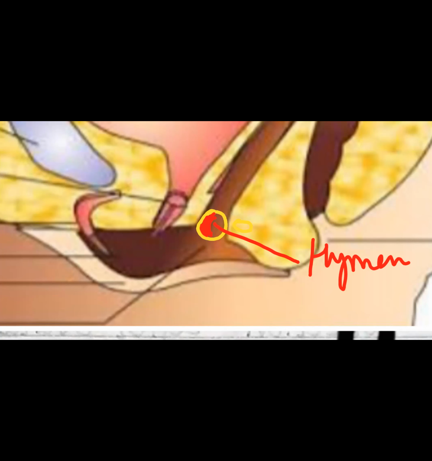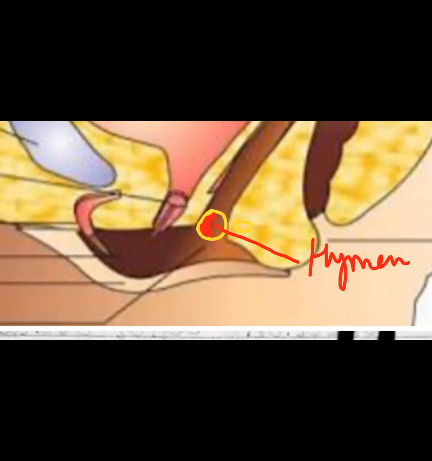Certain sports activity, particularly cycling, in which excessive pressure might rupture it. It's a possibility.